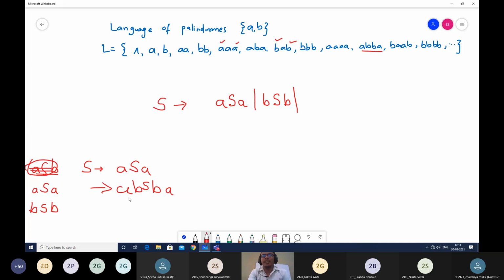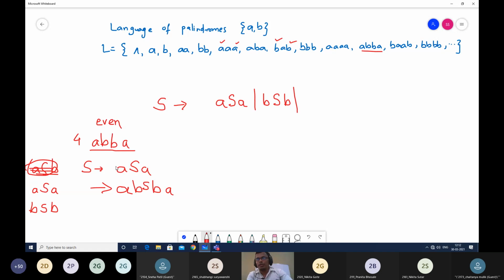Now this pattern has to end somewhere, right? Correct? So for the type of string which I have taken, for example, it is ABBA. What is the length of this string? 4. So I can say this is an even length string.